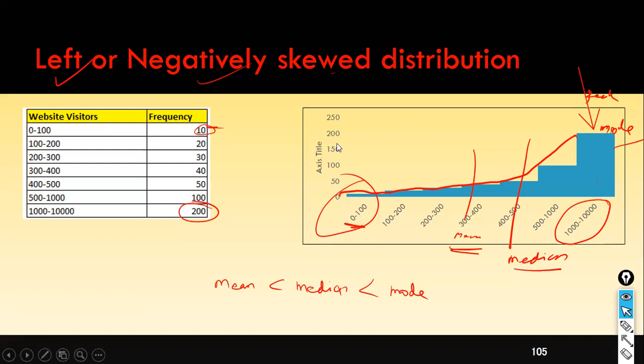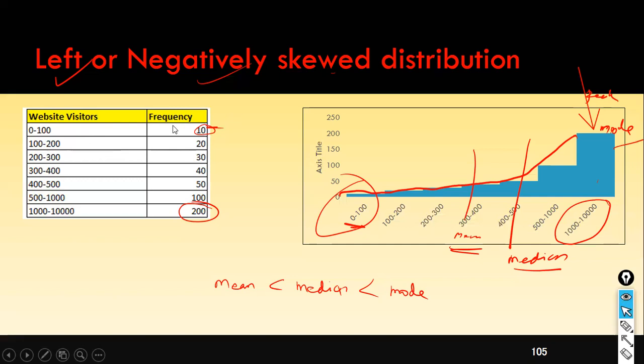Okay, how do we find the estimated mean here? You need to find the midpoint for each and every interval. So for 0 to 100, it is 0 plus 100 divided by 2, which is 50.